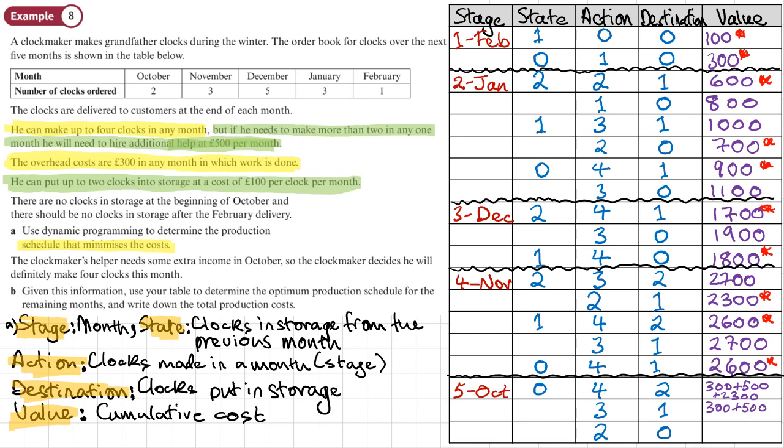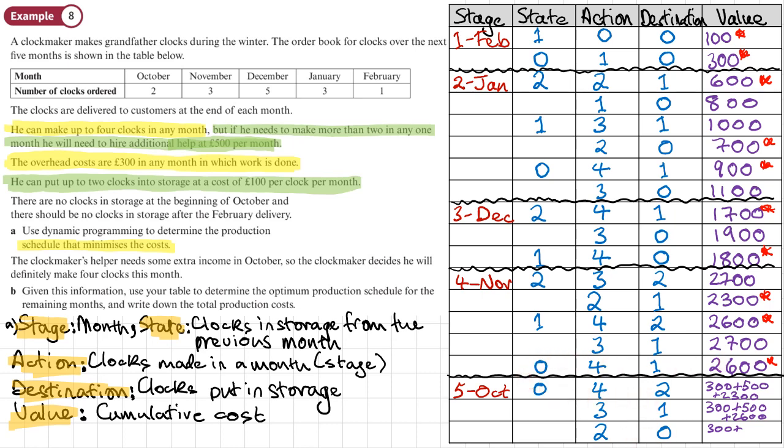So 1 here, we're going to add on 2,600. And then lastly, if we make 2, we're just going to have overheads, and then we're passing on 0 onto the next stage, so the only cost there is the 2,600.